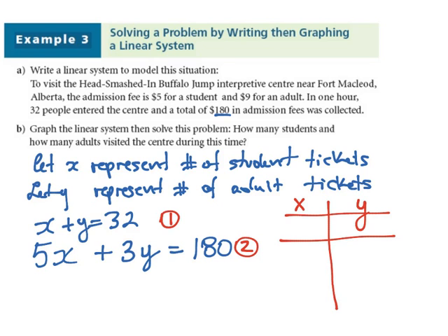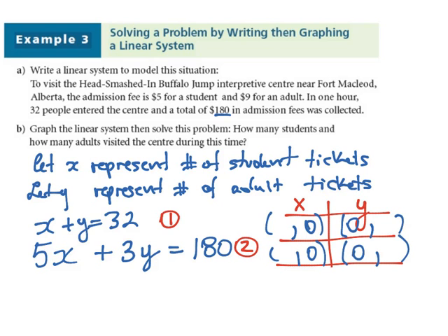Recall that the x-intercept has a value of 0 for the y, and the y-intercept has a 0 value for the x. So now we're going to solve for the x-intercepts for both of these equations separately. Let's take a look at our first equation. How do we solve for the x-intercepts?